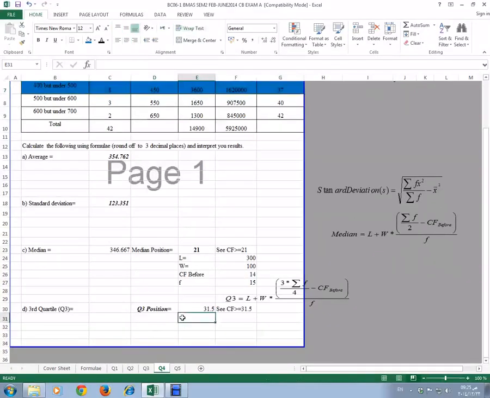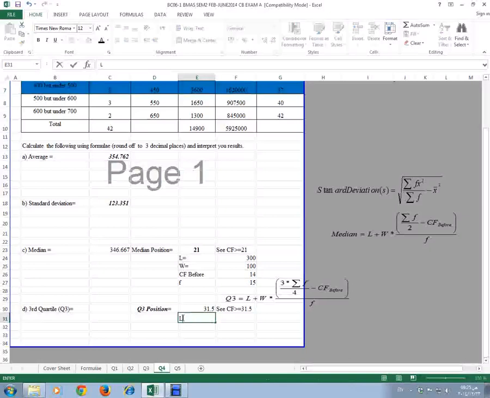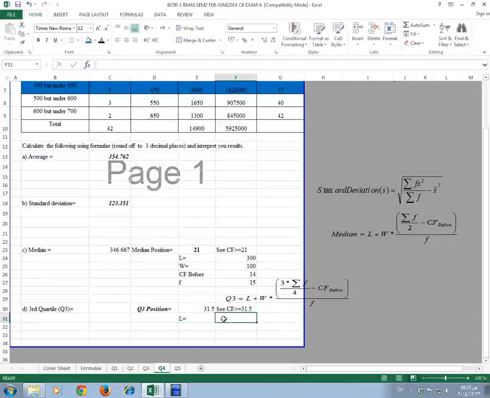L is equal to how much? L equals 400. Then W equals the difference between the upper limit and the lower limit, so it is equal to 500 minus 400.